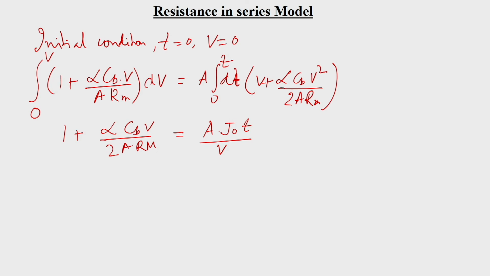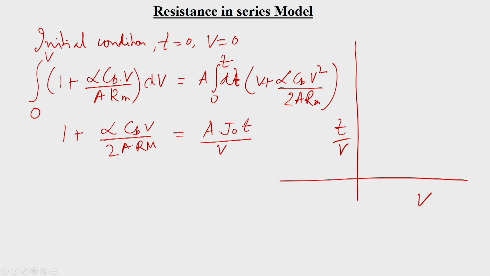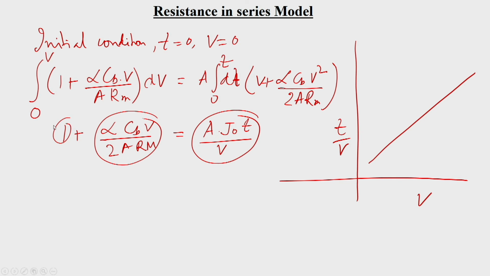So, now we have an equation of the form y is equal to mx plus c, and we will plot T by V versus V. We will get a straight line, y is equal to mx plus c. The slope will be alpha into C b by 2 A into R m.